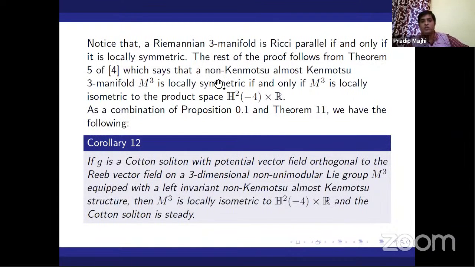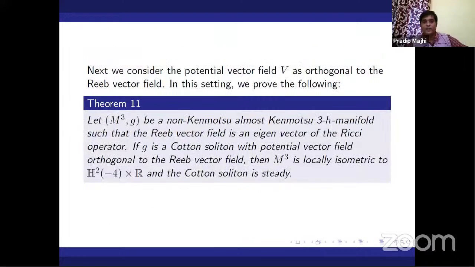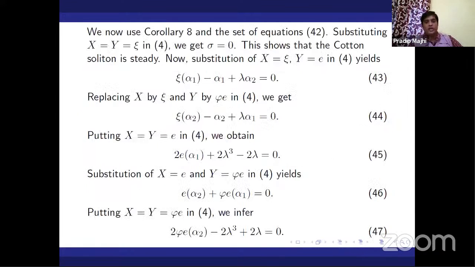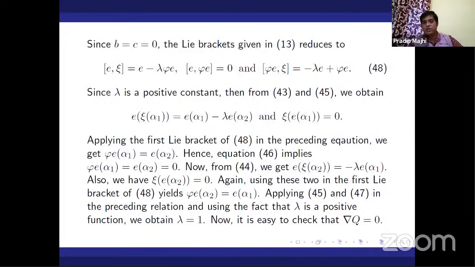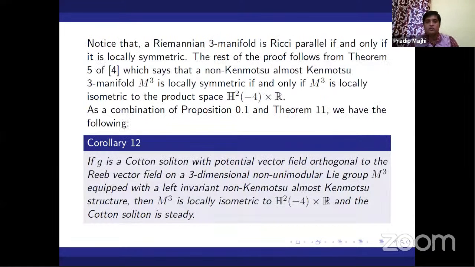So now by using these results of Cho, we get our main result, that is, if g is a Cotton soliton with potential vector field orthogonal to the Reeb vector field, then M3 is locally isometric to this product space, and the Cotton soliton is steady. Again, this is a very technical and big calculation; I am just giving you the sketch of the proof.